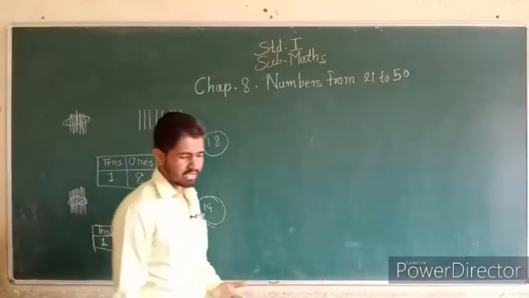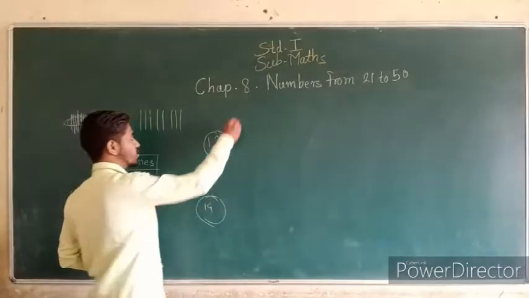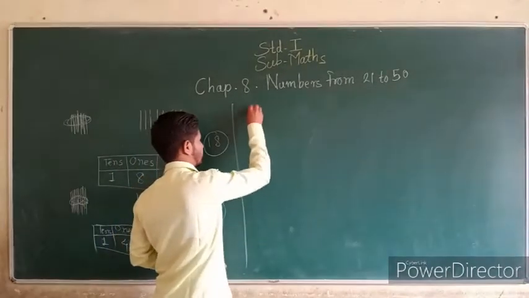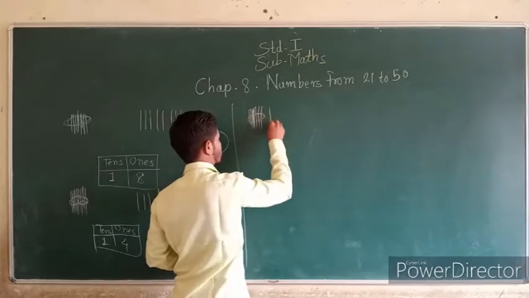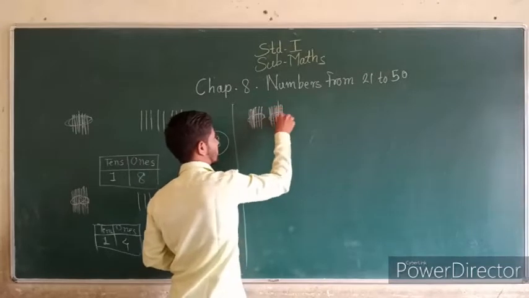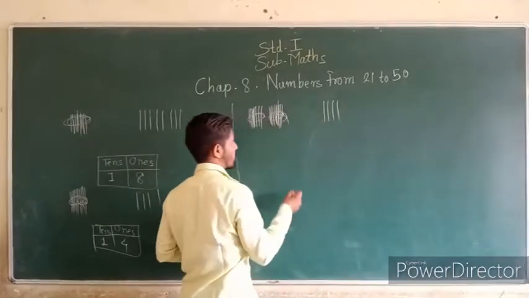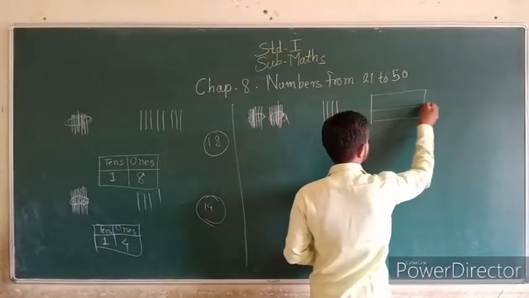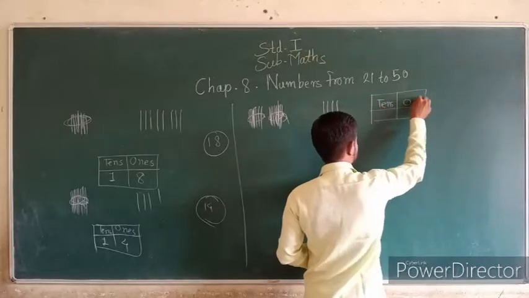Okay, next we see another number. Here we see 2 bundles of tens. Here we have to write a column, a box, and in that box tens and ones.